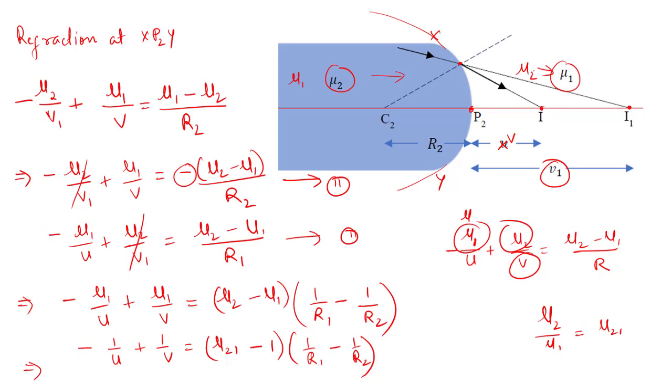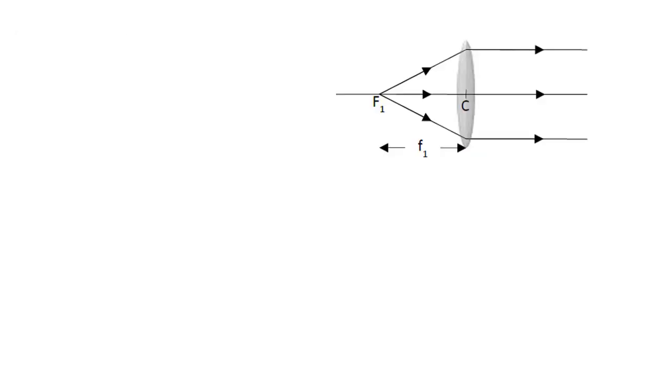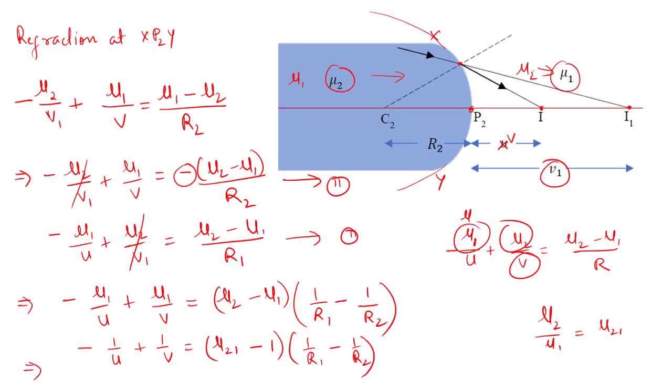It is not the final formula. Let us consider the first principal focus. If we put the object at f1, that means u is at minus f1. Then the image is formed at infinity. Let us apply this in this formula. This will be minus f1, and this will be infinity.